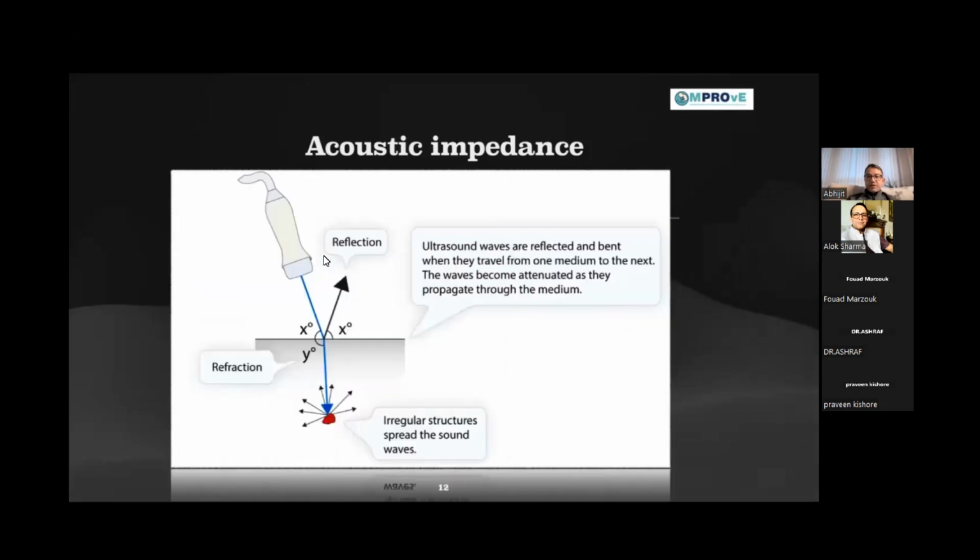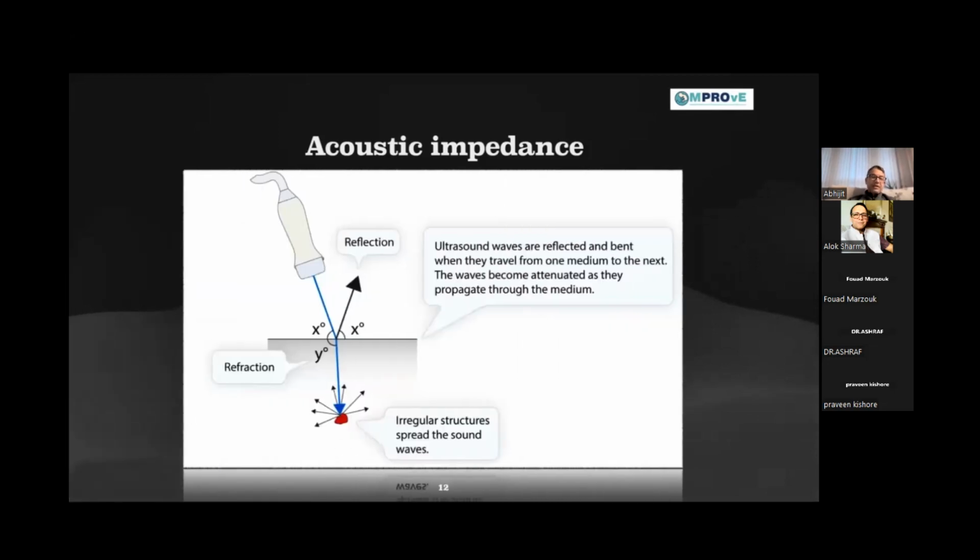So that's the acoustic impedance, and it is reflected here. You can see that as the impedance of the medium changes, you'll end up getting some reflection, and there will be a degree of change in your waves hitting the medium, and that leads to refraction. The change in degree here is your refraction, and anything that is reflected back is your reflection.